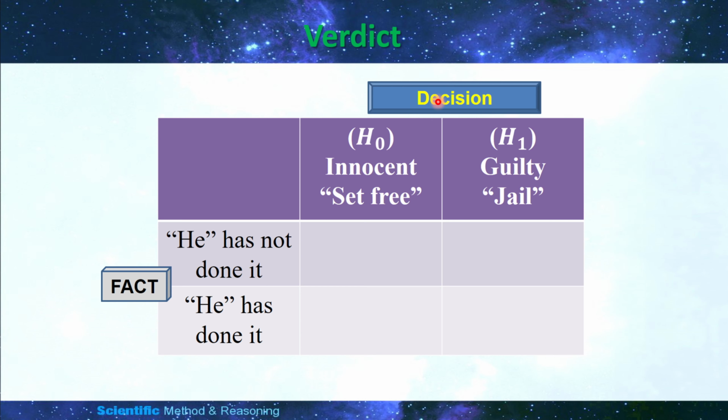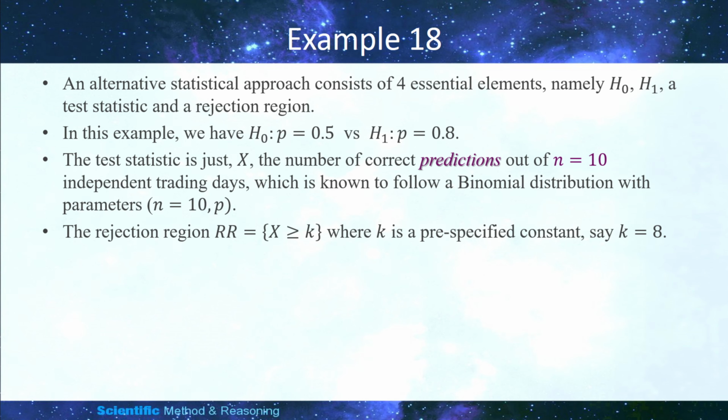So in Hong Kong, in a court case, the null hypothesis is that the suspect is innocent. Just like in the hypothesis testing procedure, we assume that the null hypothesis is true throughout the whole procedure and compute the probability of the occurrence of the evidence under the null hypothesis being true.